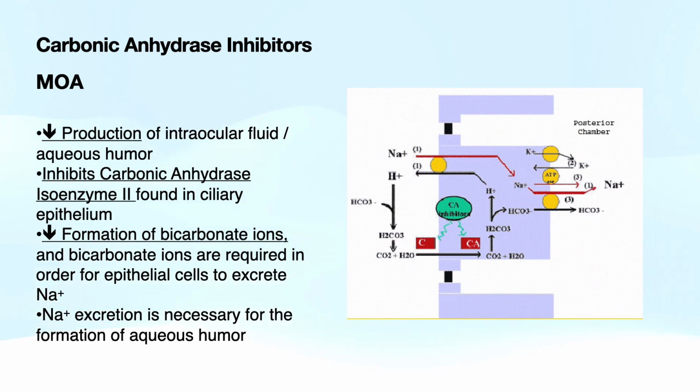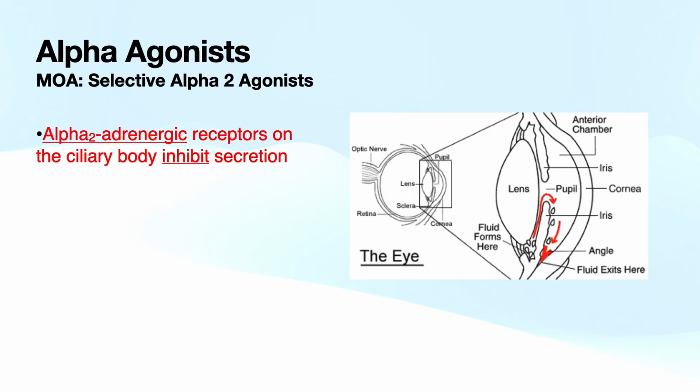And sodium secretion is also necessary for the formations of aqueous humor. So by inhibiting bicarbonate, you're stopping the sodium secretion, you're stopping the fluid which follows the sodium. So ultimately, you decrease the formation or productions of these intraocular fluid.